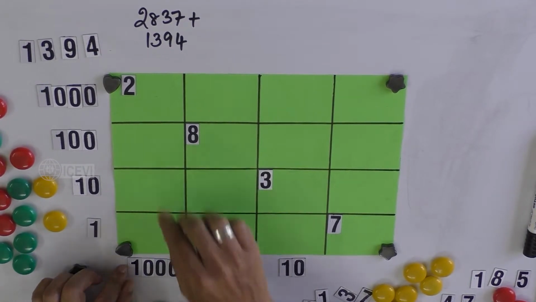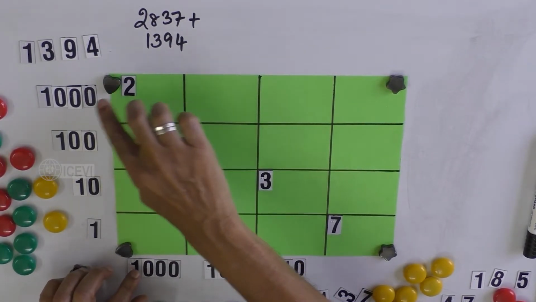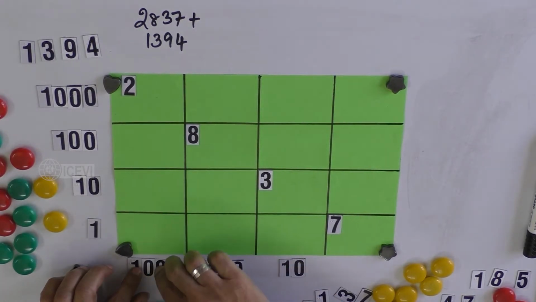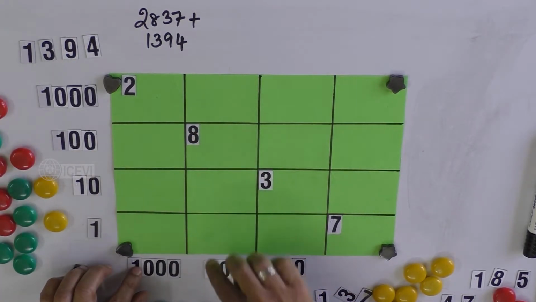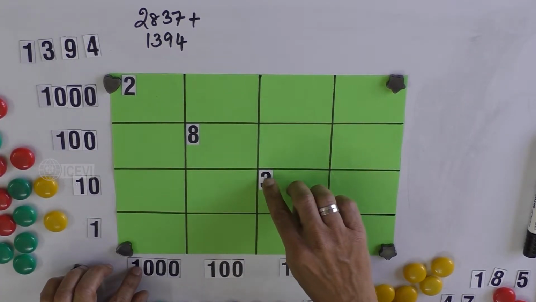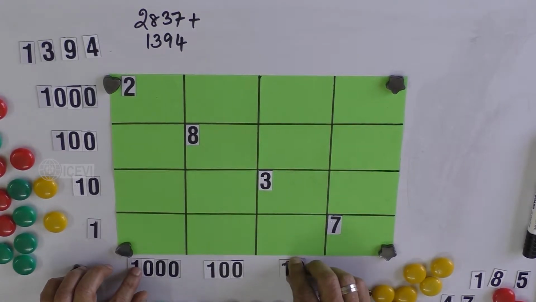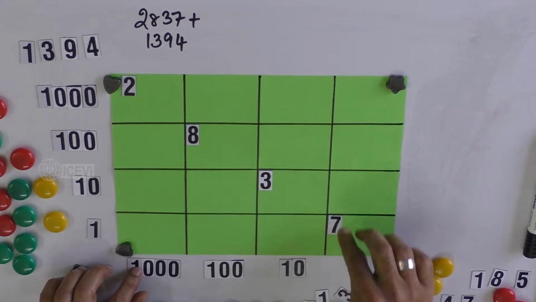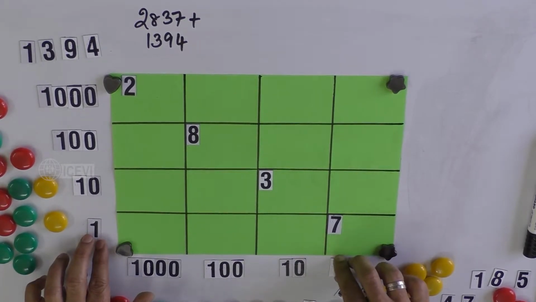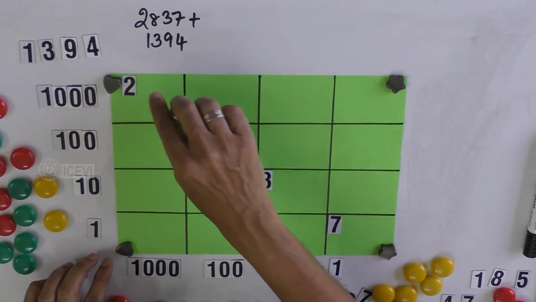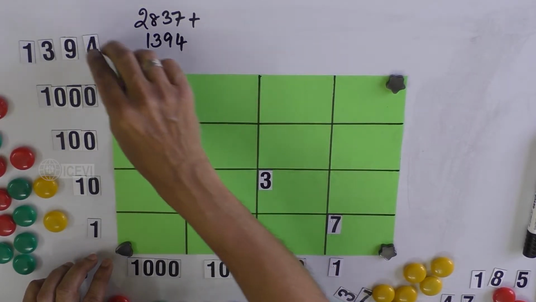Now you can notice 2 is placed in the column representing 1000. 8 is placed in the box which is representing the value 100. 3 is placed in the box which is representing the value 10, and 7 is placed in the box which is representing the value 1. Now let us place the other number.